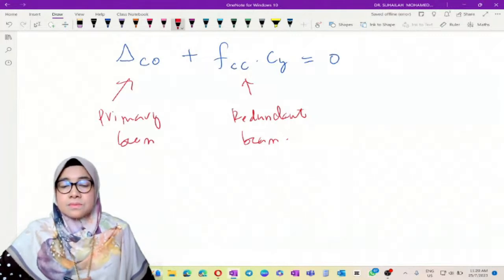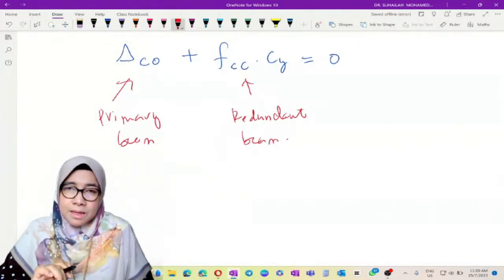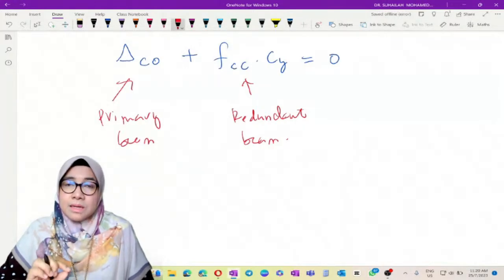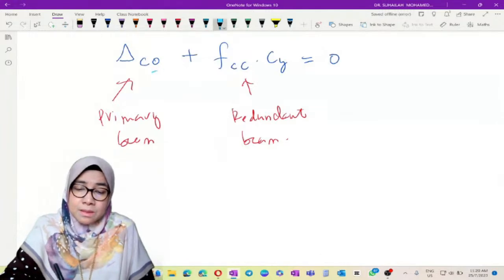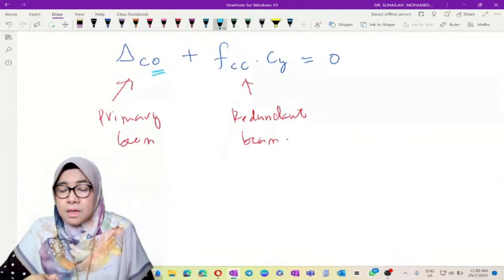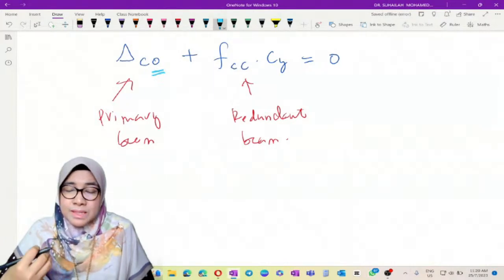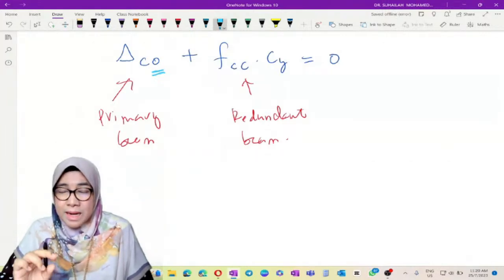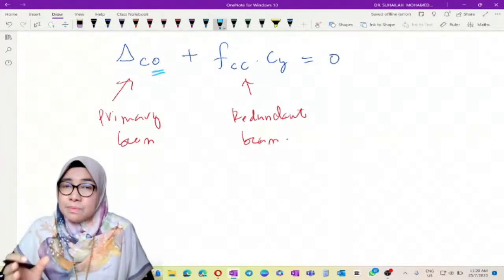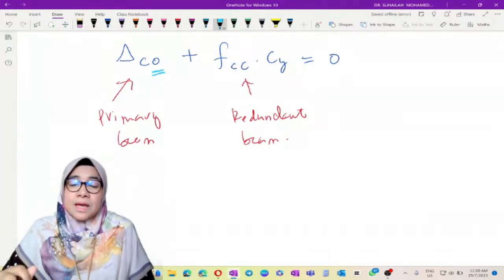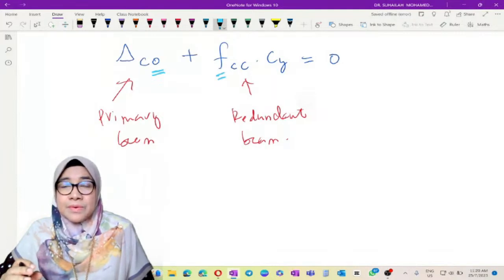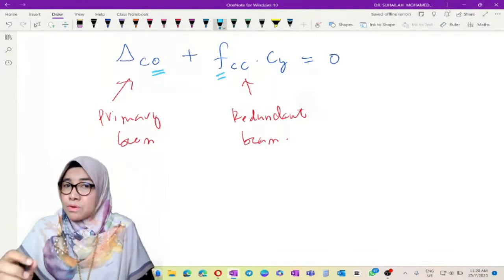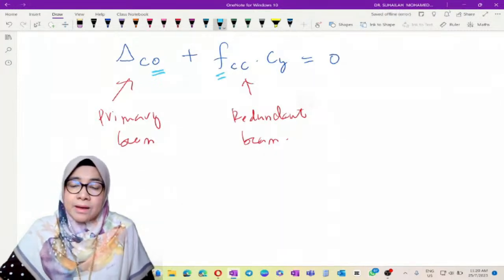So there are two displacements, delta C naught and FCC. Whenever we see the notation with the naught label, delta C naught, it belongs to the primary beam, and F means the redundant beam, at position C for the redundant CY applied.